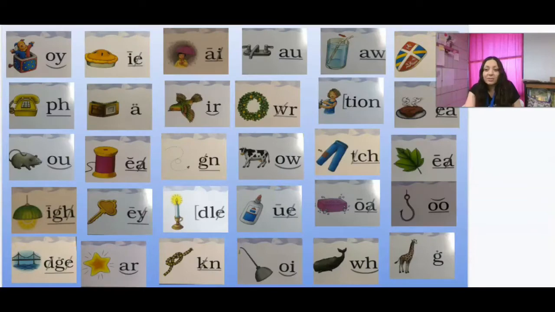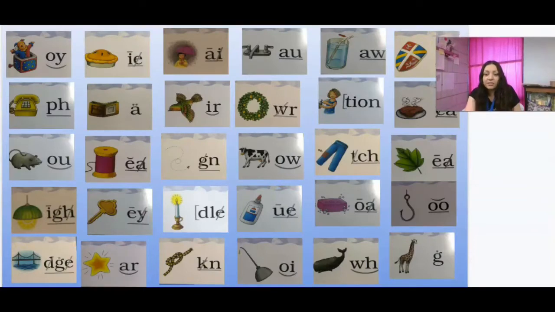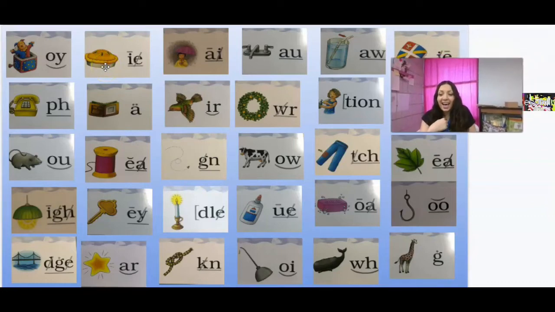All right, let's go over some of our sounds, and we've learned some new ones real quick. So we have toy, oi, diphthong OY, pie, I, digraph IE, very good.